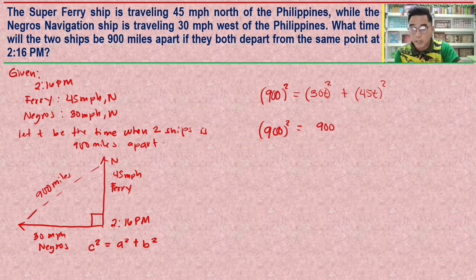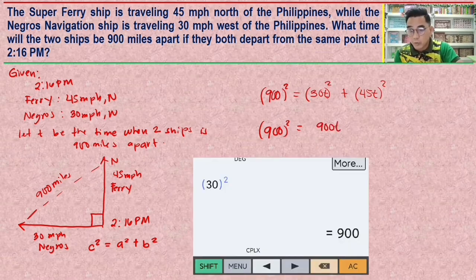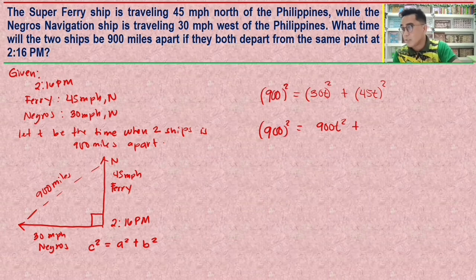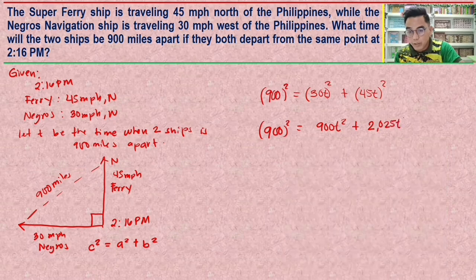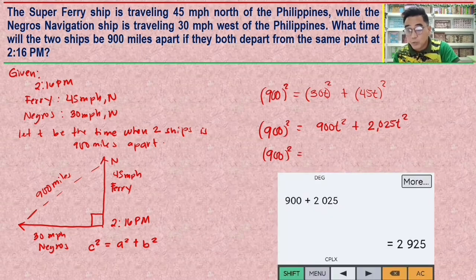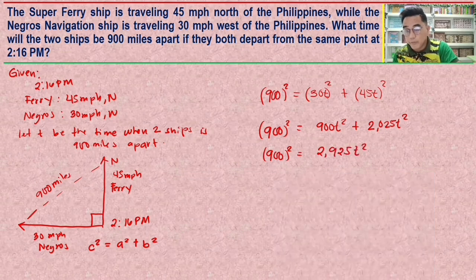That is 900t squared plus the square of 45, which is 2025t squared. That is the 900. Okay, so 900 plus this becomes 2925t squared.